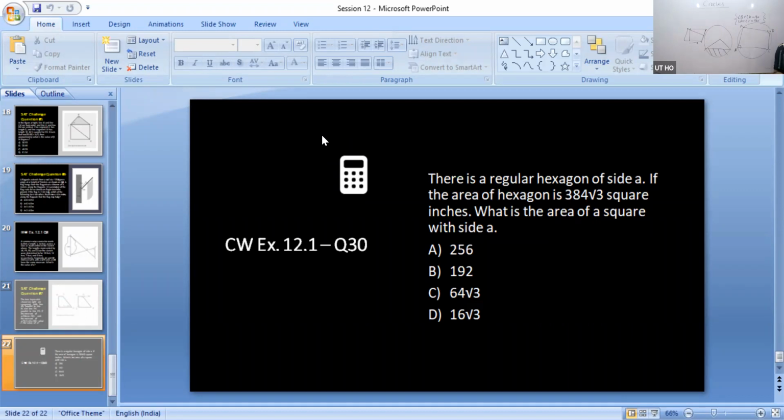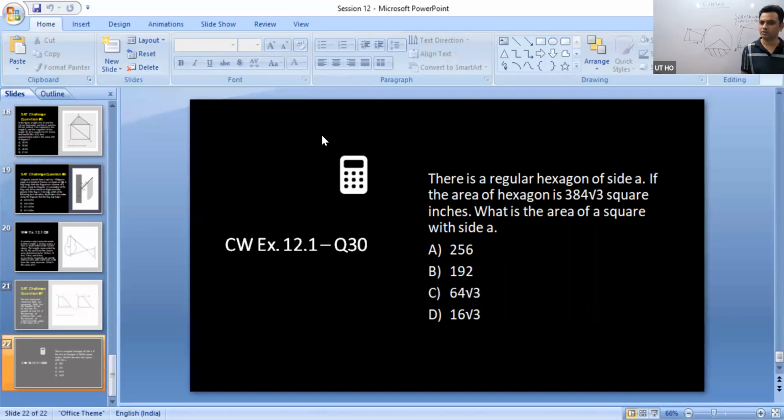Area of rhombus: d1 and d2 are the diagonals. There is a property for the rhombus: its diagonals bisect each other at 90 degree. So the area will be half of d1 into d2. Multiplication of the diagonals, and take half of it for the area.